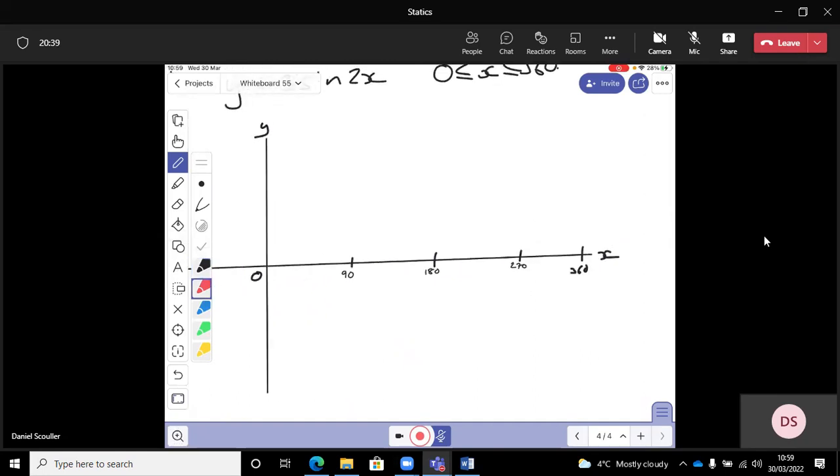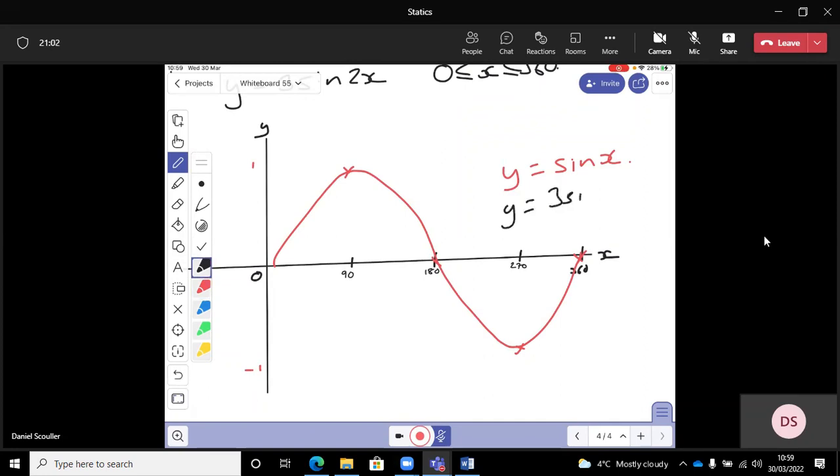Maximum, x, minimum, finish. That is our y equals sine x, amplitude of 1. We want to draw y equals 3 sine 2x.